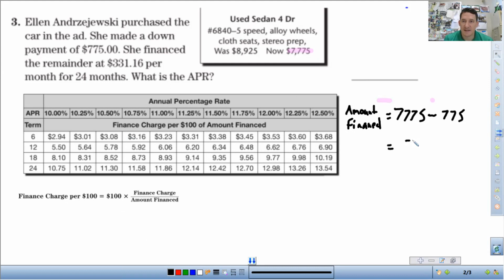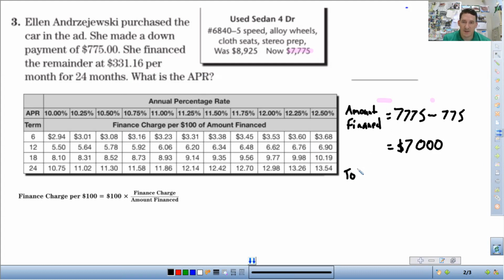So she is financing $7,000 to pay for this car. All right. The monthly payment is calculated at, and this is something we did before, $331.16 per month for 24 months.